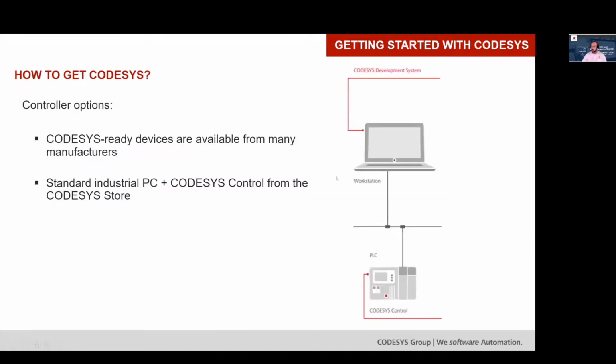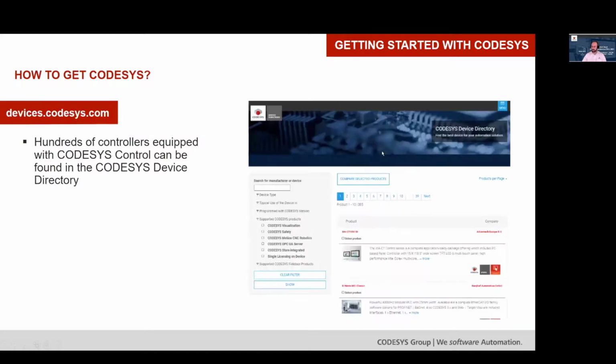Since you may not want to use your PC as the controller for your application, you need to have hardware with the Codesys Runtime so it can run your application. So you have two options. You can get a controller that comes equipped with the Codesys Runtime, or you can get any industrial PC and install the Codesys Runtime on it.